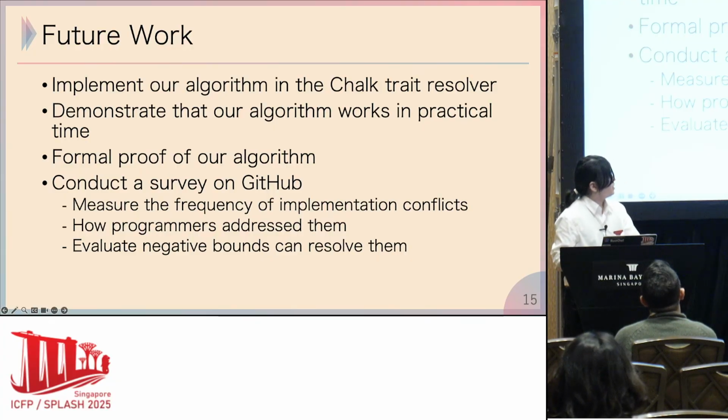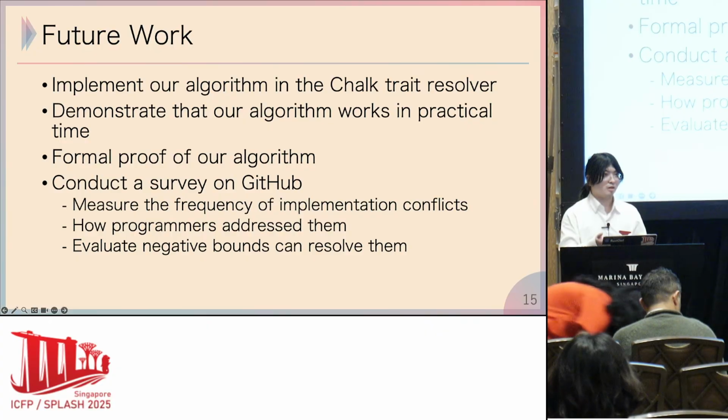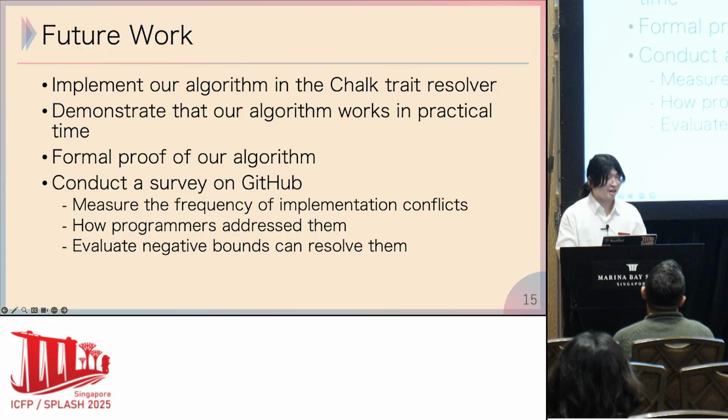The chalk trait resolver is only a trait resolver and not tied to compilers, so it is easy to implement our algorithm in it. We have not yet implemented our algorithm in the compiler or chalk trait resolver.